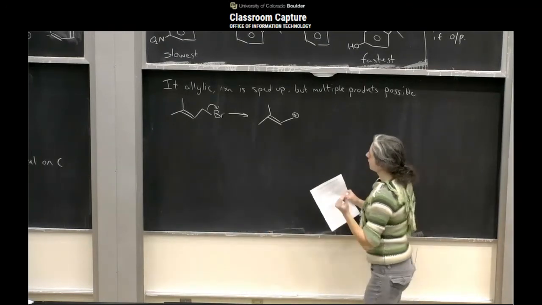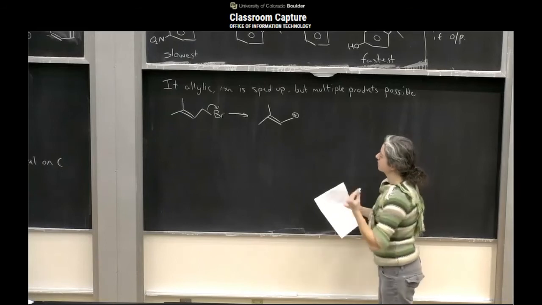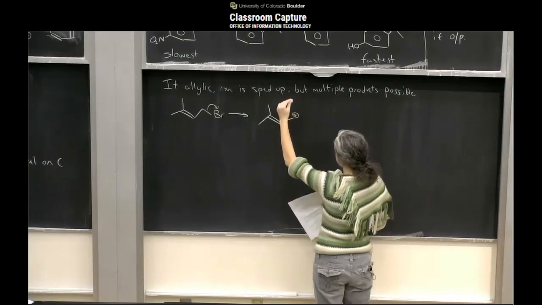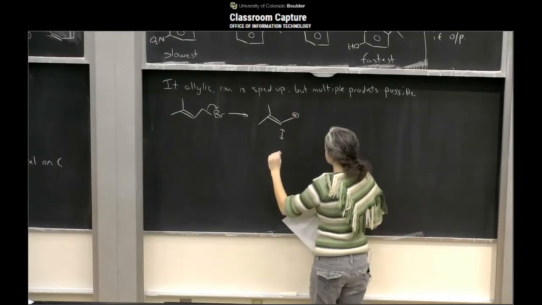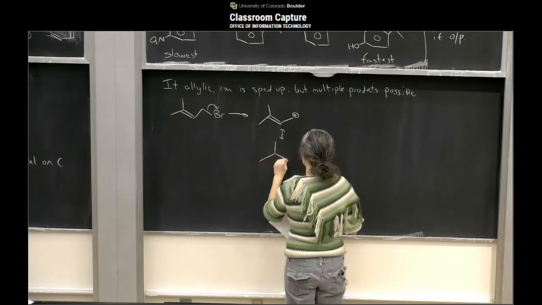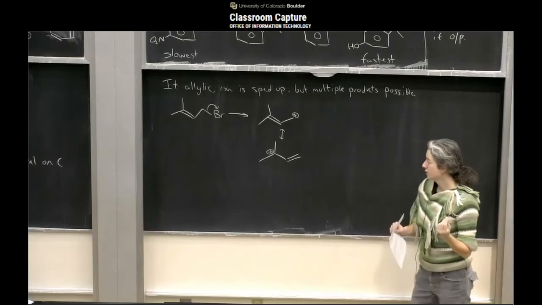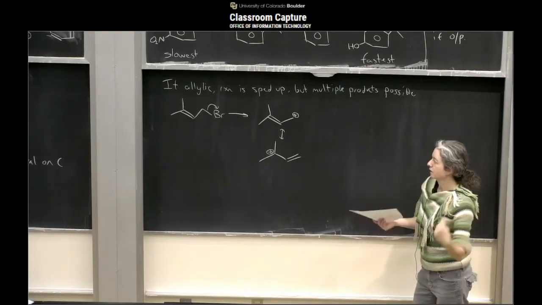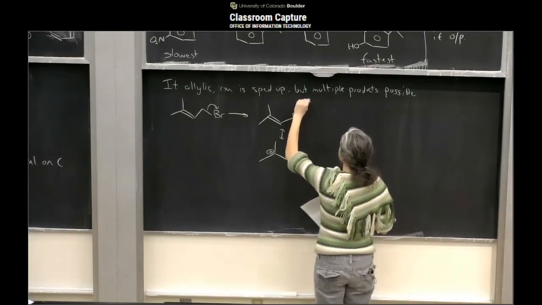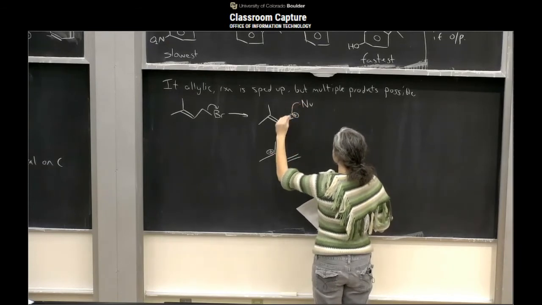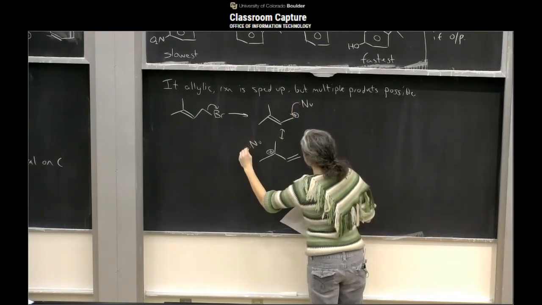And now it's kind of like when we're halfway through 1,2 versus 1,4 addition, we have a choice to make because we can do resonance forms on this. And either one of these, say we're doing SN1 for example, could have the nucleophile stick on to that carbon.